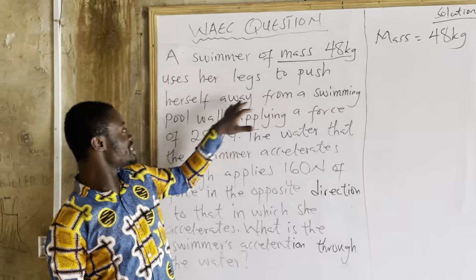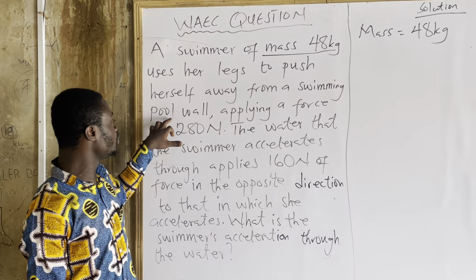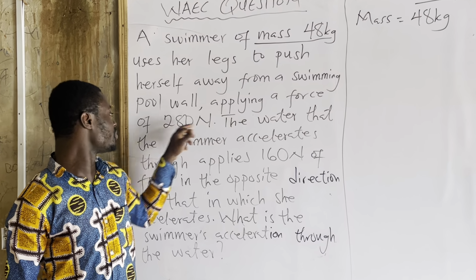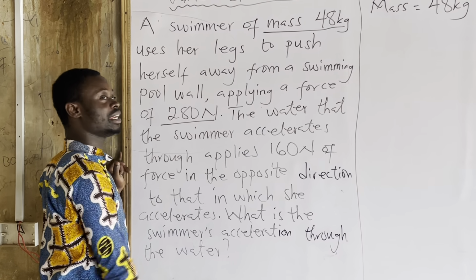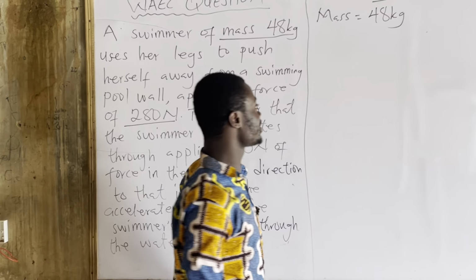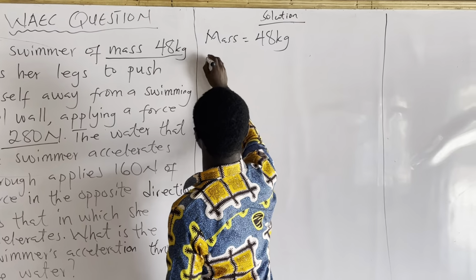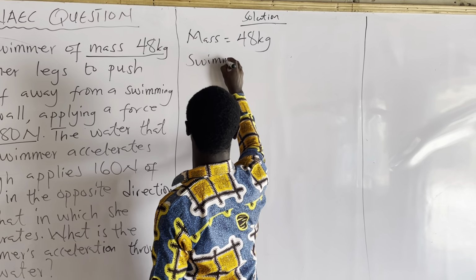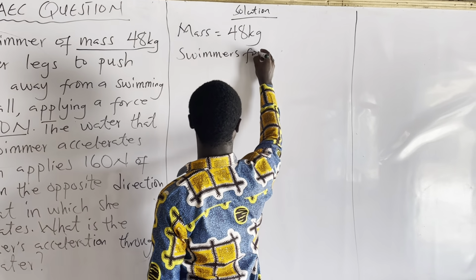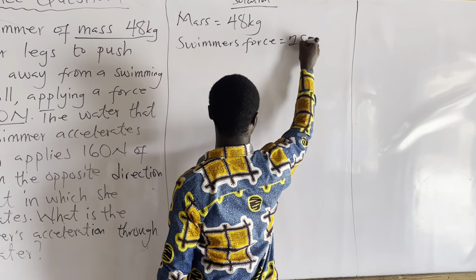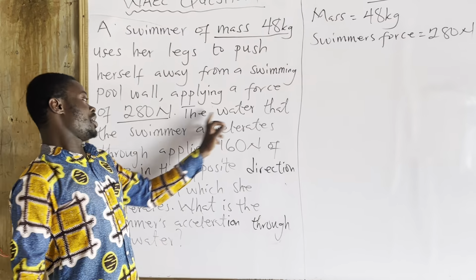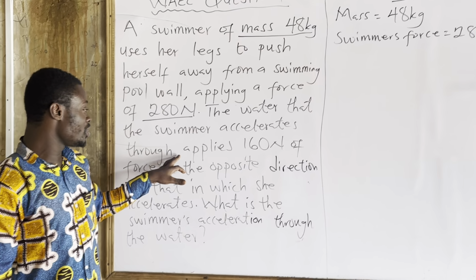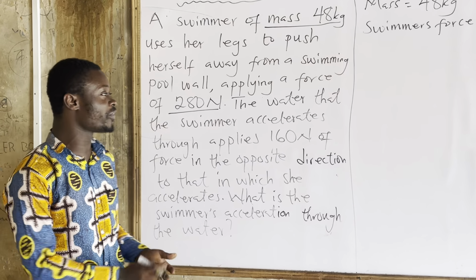Uses her legs to push herself away from a swimming pool wall, applying a force of 280 newtons. So the force that the swimmer is applying is 280 newtons. Swimmer's force is 280 newtons. The water that the swimmer accelerates through applies 160 newtons of force.